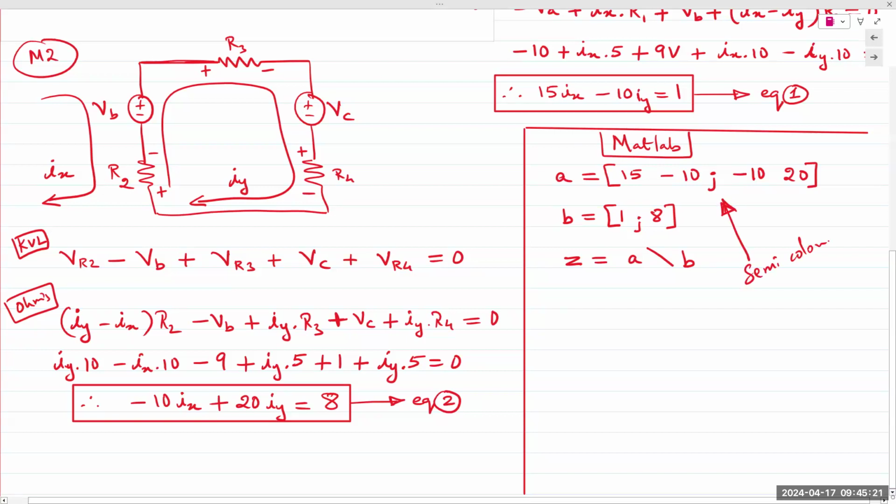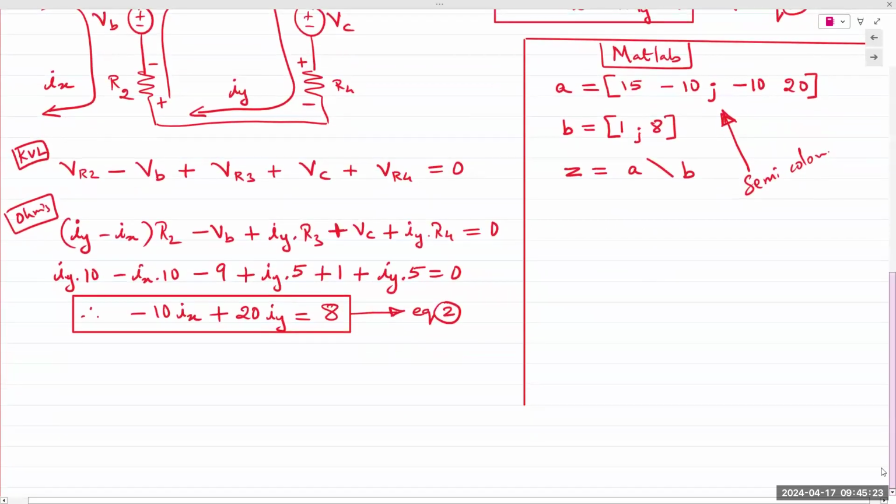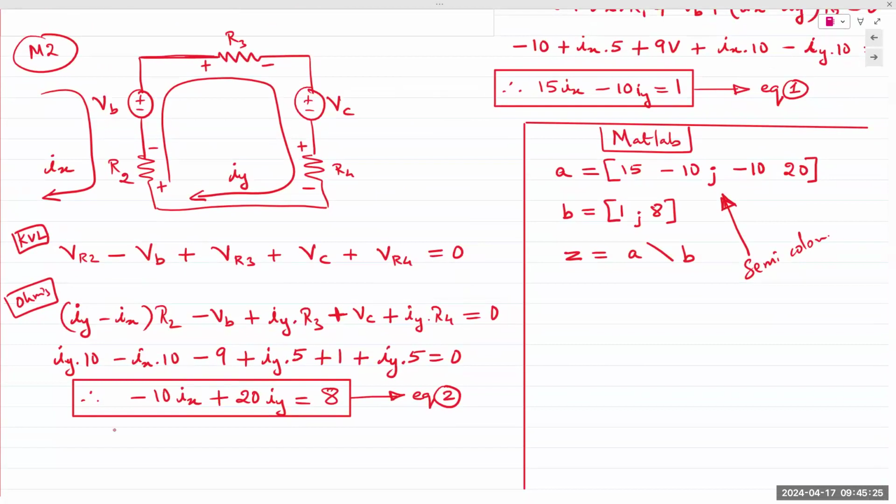Manually, if you wish to solve these equations, it's not that hard. I have equation 1, I have equation 2. So let's do this. It's 15 times Ix, 10 times Ix, multiply by 1.5. I can do that. Or I can take equation 1 and multiply it by 2.